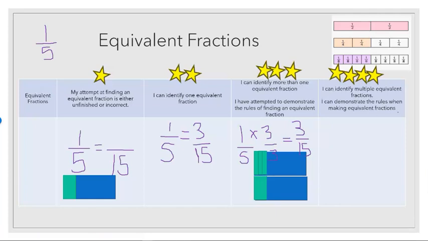All right, so now I can identify multiple equivalent fractions. I can demonstrate the rules when making equivalent fractions. So effectively, what we're looking for in 4 stars is where you have done 1/5, 1/4, multiplied by. However, I'm going to go back a step because there is a further expectation in this rubric.